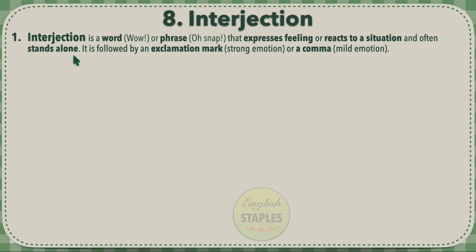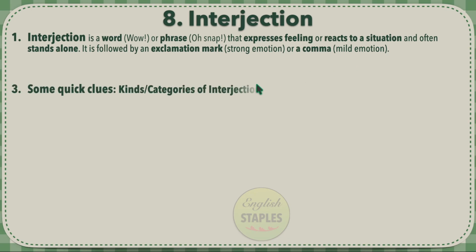It does not affect the grammar of a sentence. Why? Because it stands by itself. It is followed by an exclamation mark, and that exclamation mark shows strong emotion. Sometimes it's followed by a comma, and that shows that it's a mild emotion.